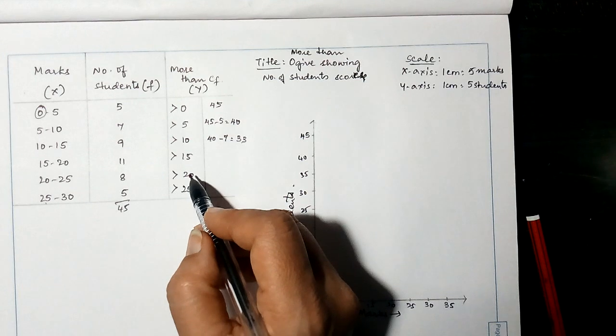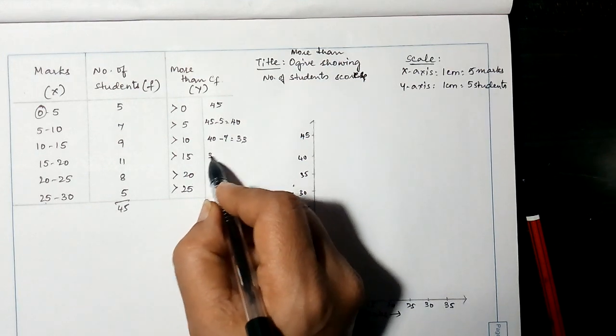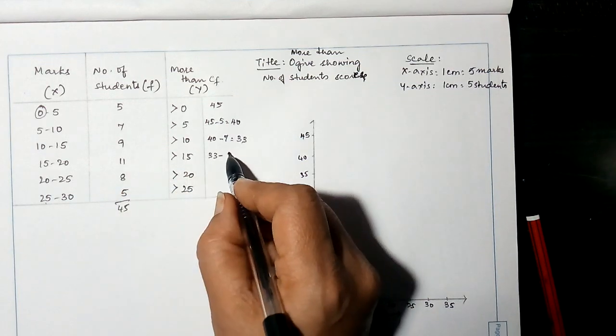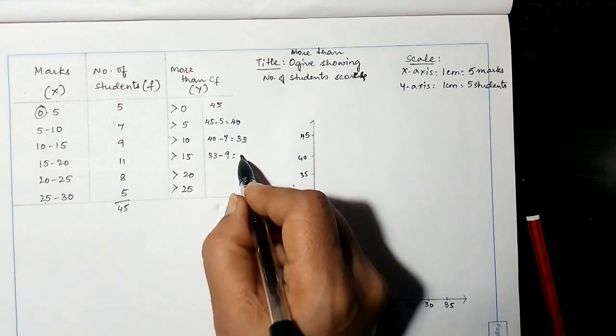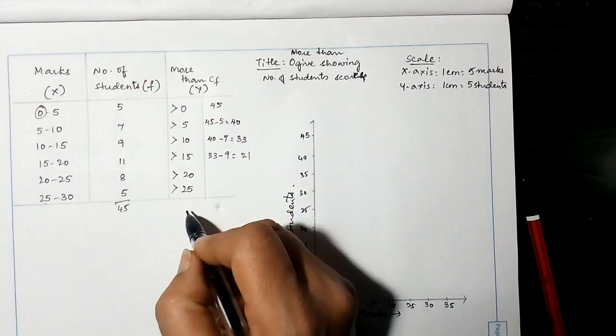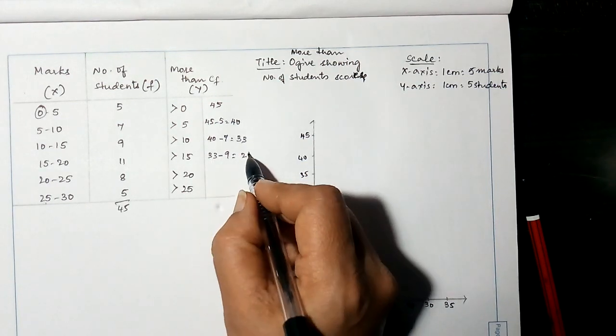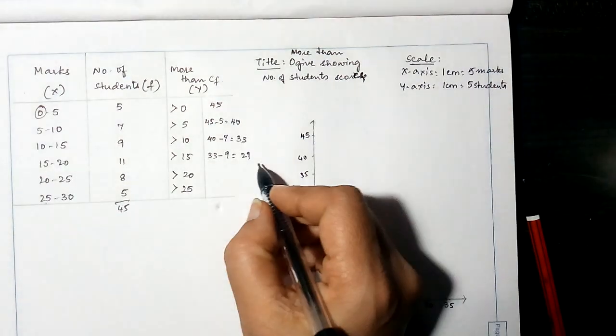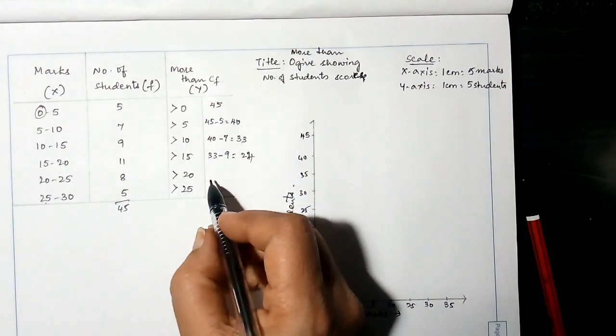More than 15 would be 33 minus how much? 9. So that would give us 24.